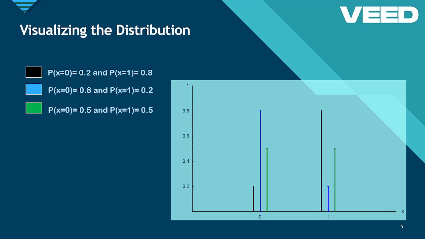So the probability ranges from 0 to 1. If the probability of success is 0.5, then the probability of failure will also be 0.5. That can be easily seen in the graph which is in blue color.